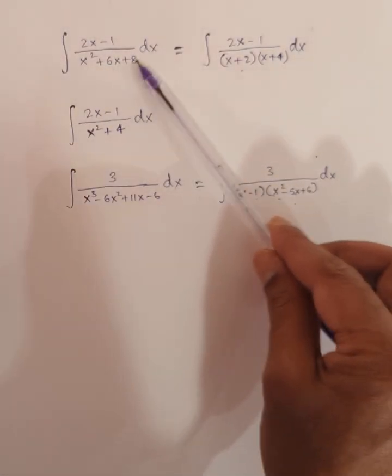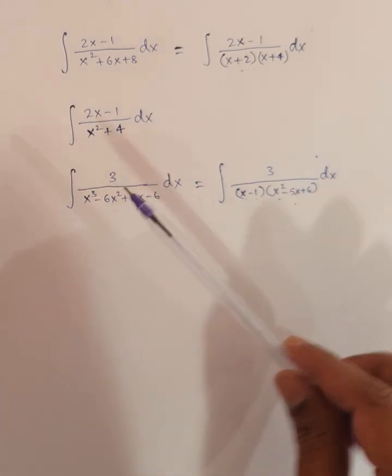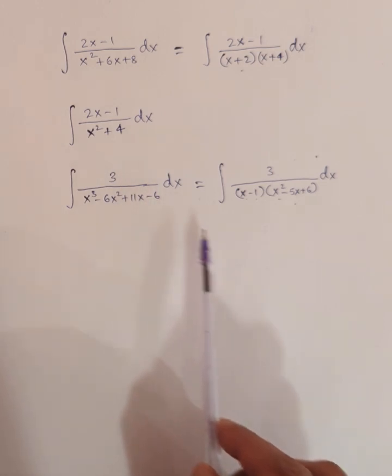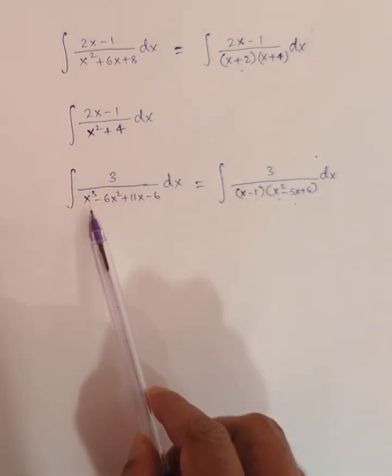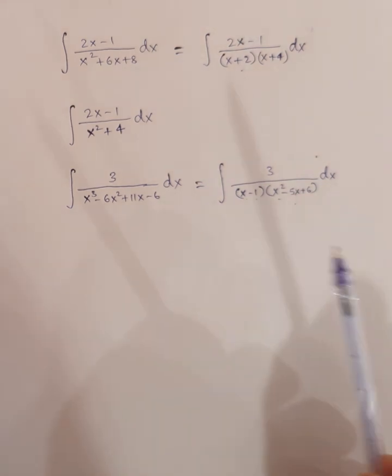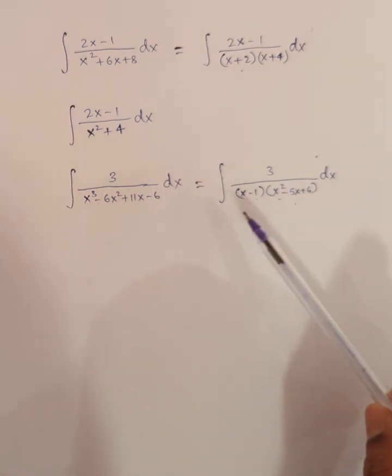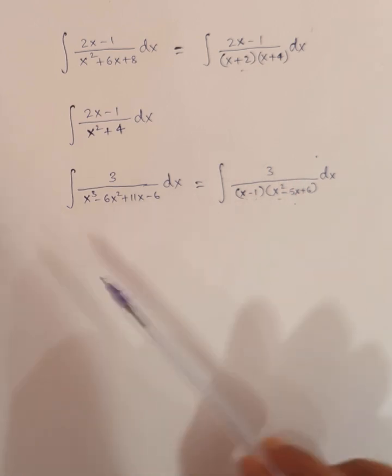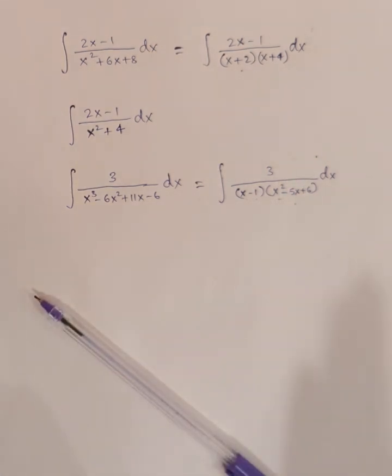But if the denominator has higher degree, then the most we'll have to worry about is degree 2 polynomials, because every higher degree polynomial could be factored into something linear and quadratic in the case of cubic. If you have a fourth degree polynomial, it may be quadratic and quadratic, but we don't have to worry about anything beyond quadratics.